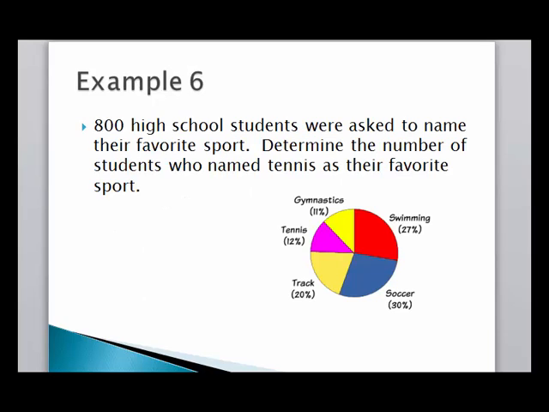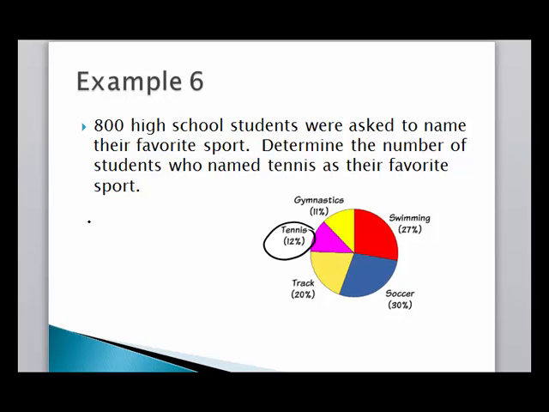Our next example is a little different. 800 high school students were asked to name their favorite sport. Determine the number of students who named tennis as their favorite sport. And so if we look at our problem, we see that tennis corresponds to a percentage of 12%.